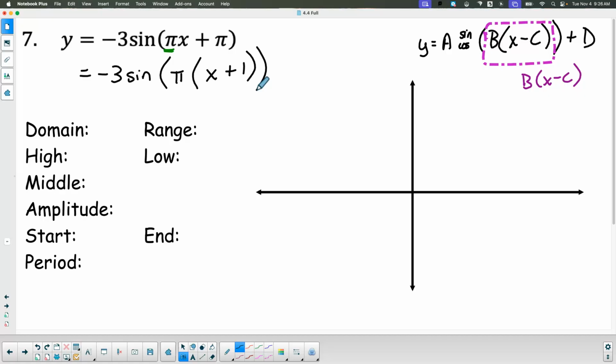Okay? Now that it's factored out, we can go through and do everything that we need to do. So now the domain is all real numbers. My middle is at 0. That's this one that's on the outside behind. My amplitude is 3, which means that we go all the way up to 3, all the way down to -3.